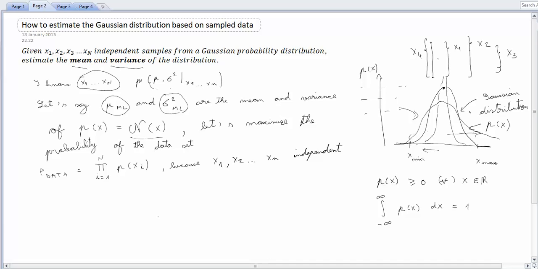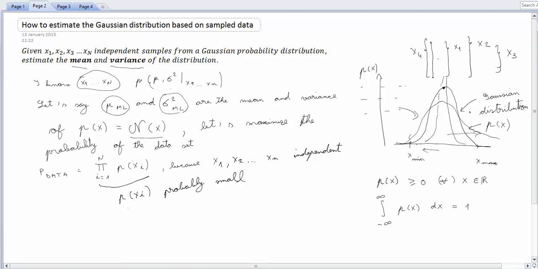Now, if we are trying to maximize this, you have to imagine that P of xi is probably very small. So instead of maximizing this, and you can imagine in a computer system, just multiplying a bunch of very, very small numbers can cause problems to the numerical representation within the computer.